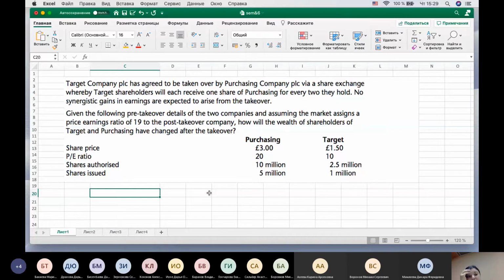In this case, we have to find the changes in our wealth. To start this task, I am proposing you, first of all, to determine the market value of our companies before the deal, and then after the deal, and then find the changes in our wealth.